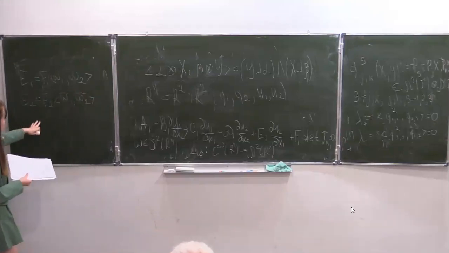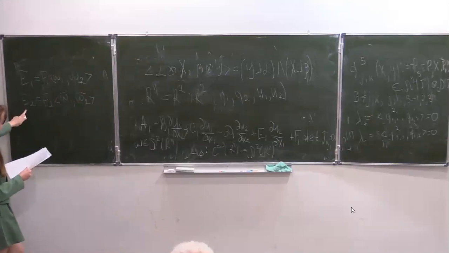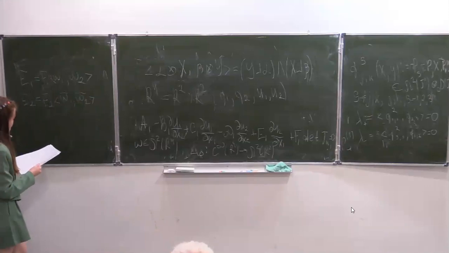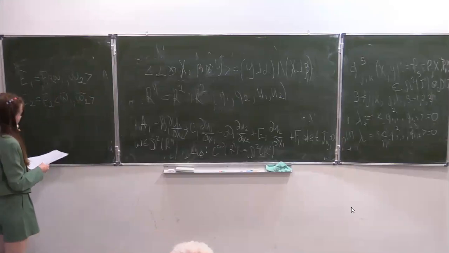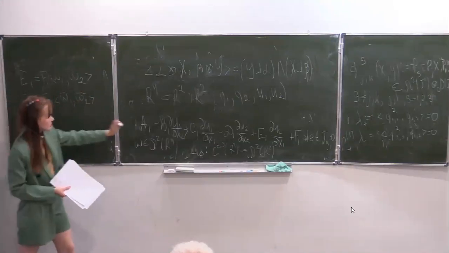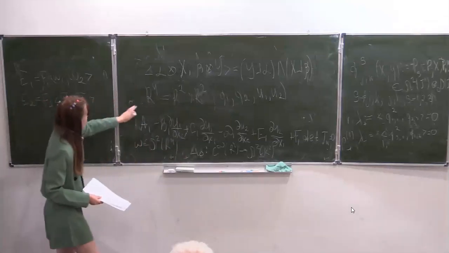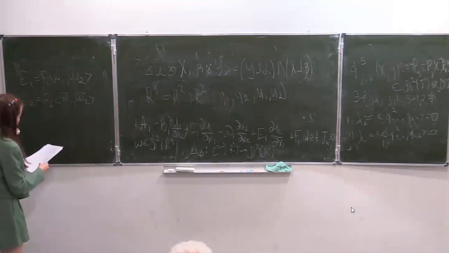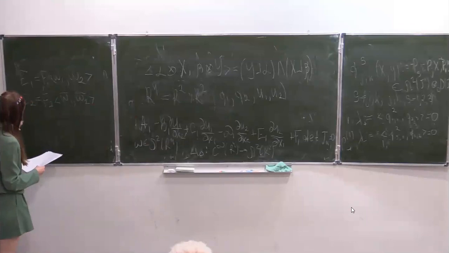We can say that E1 equals E2 if there exists a diffeomorphism phi on our space R4 with the following rules.